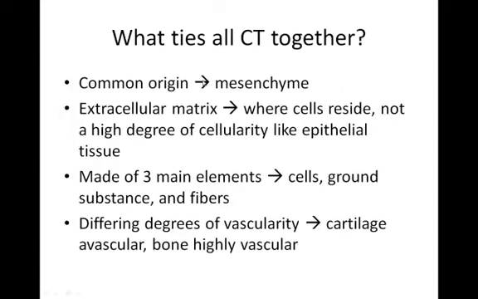Okay, so here's what's going to tie connective tissue all together. These four things: the common origin, extracellular matrix, what it's made of, etc. Its main tie is this common origin, mesenchyme. All of the connective tissues come from a common origin, this embryonic tissue called mesenchyme, and mesenchyme is derived from mesoderm, which we're going to cover in another lecture.